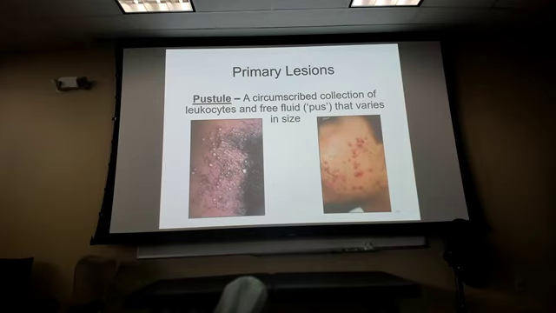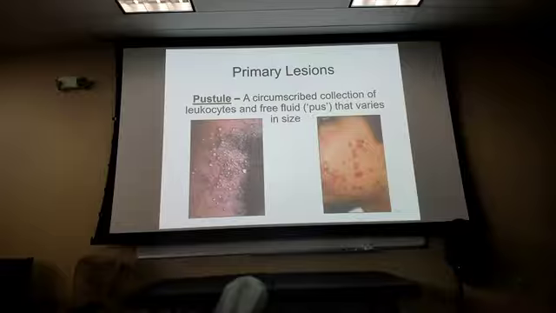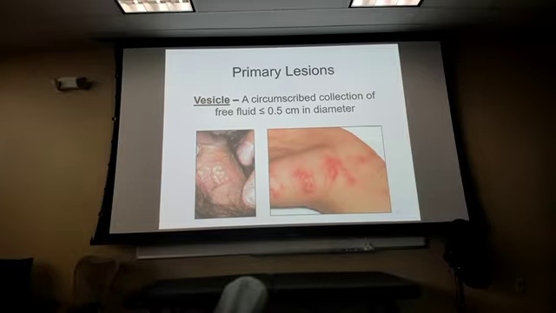A pustule, a collection of leukocytes and free fluid, so it's got that pus and varies in size. A vesicle, a collection of free fluid, less than or equal to 0.5 centimeters.